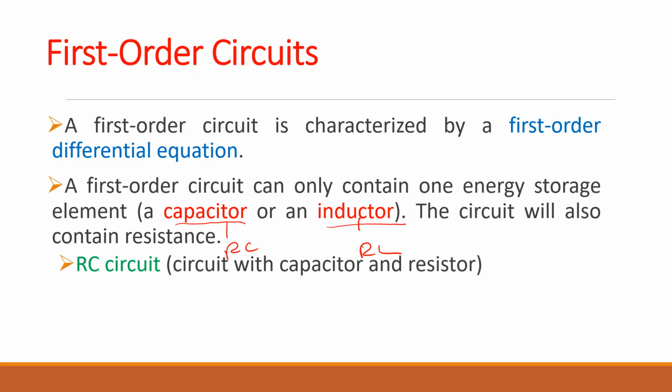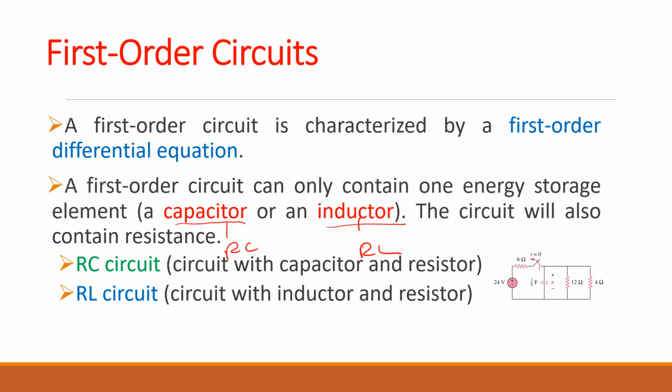An RC circuit has a capacitor and resistors, and you can have many resistors. An RL circuit has inductors and resistors. You can see these two as examples. In the second circuit you have one inductor with many resistors, and in the first one you have one capacitor with resistors.